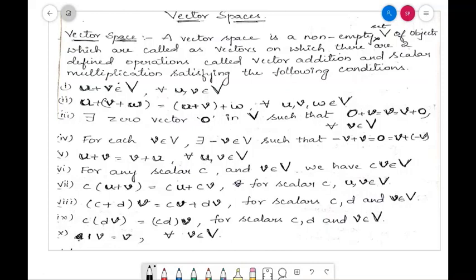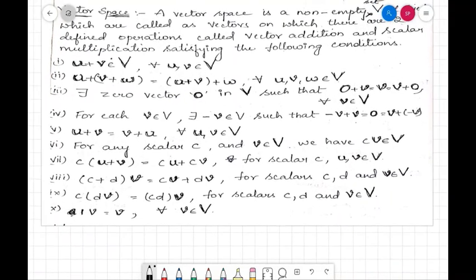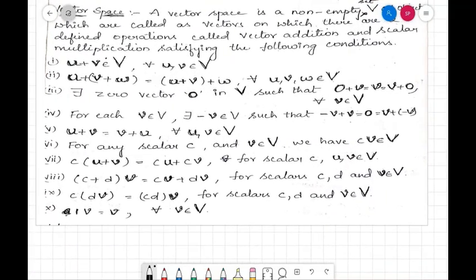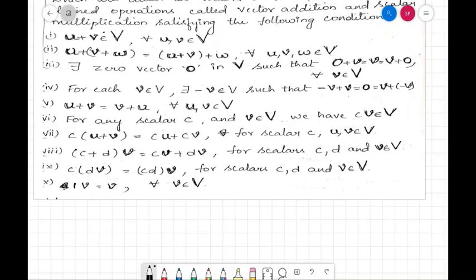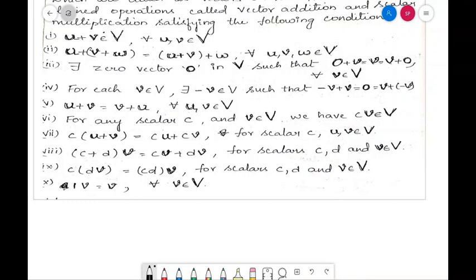A vector space is a non-empty set V of objects which are called vectors, on which two operations are defined, vector addition and scalar multiplication, as defined above, satisfying the following conditions.